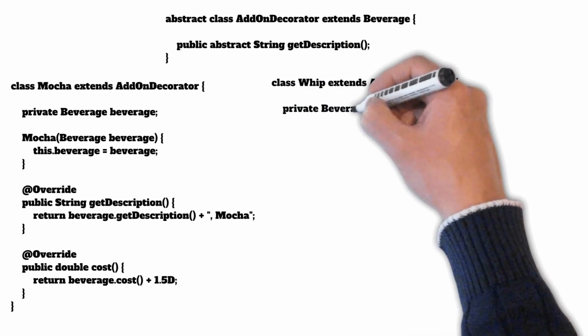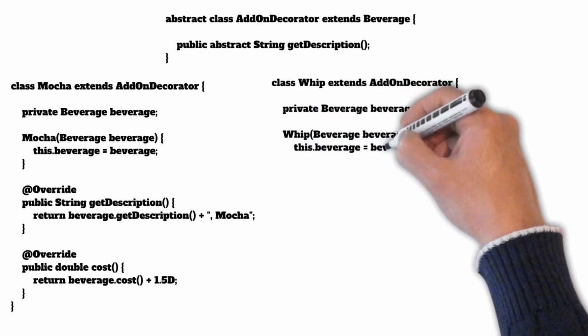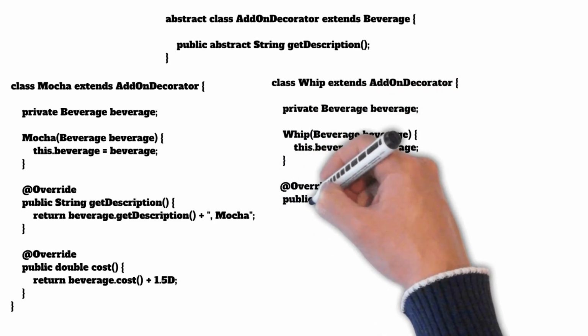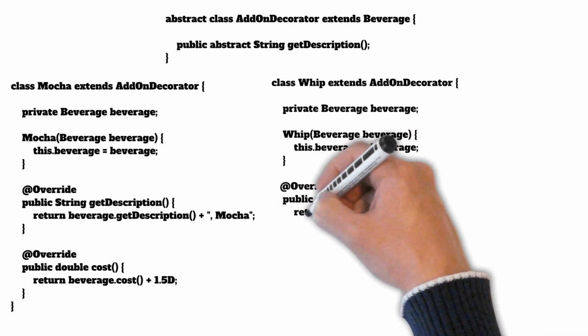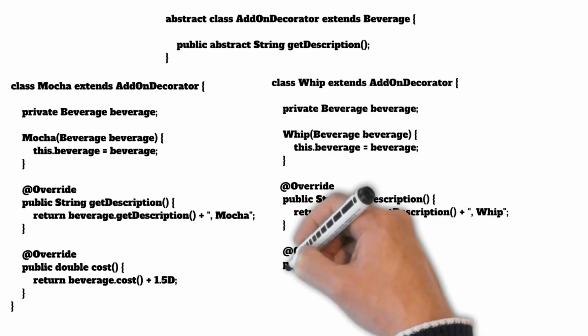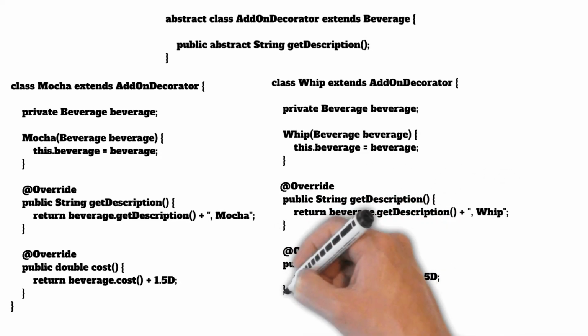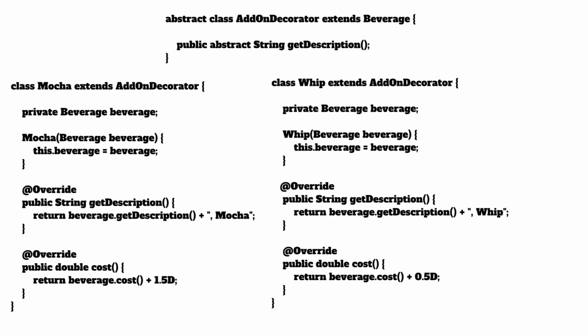Similarly, the whip add-on will also do the same thing. It will add its whip description to the description of the beverage, which it will get by calling the get description of the beverage, and it will add its cost to the beverage, which it will get by calling the get cost of the beverage property.